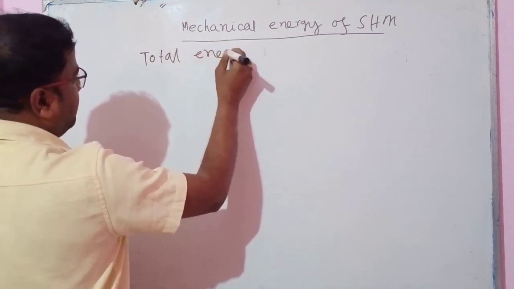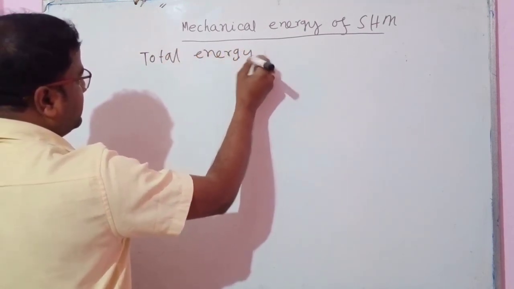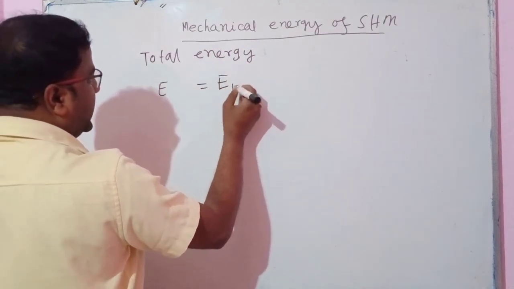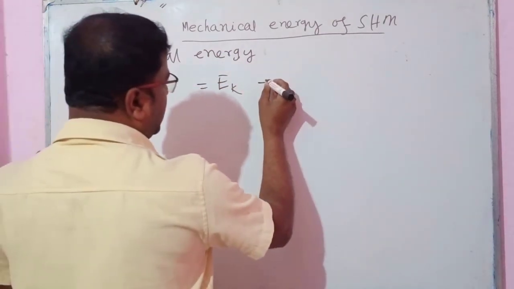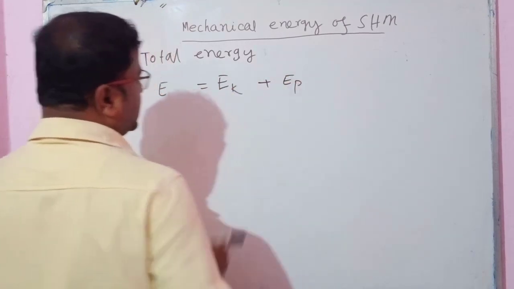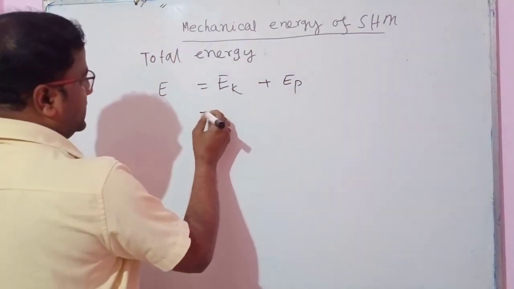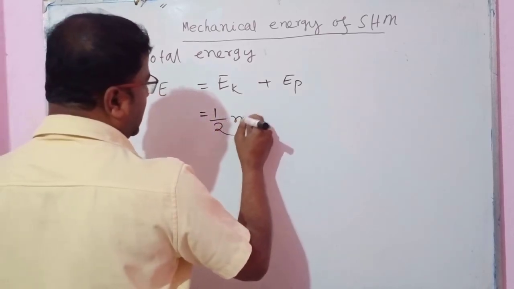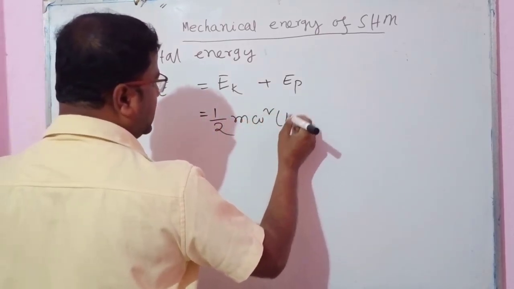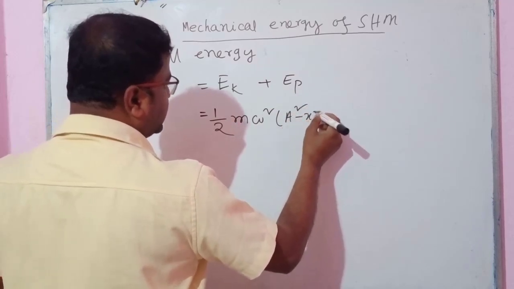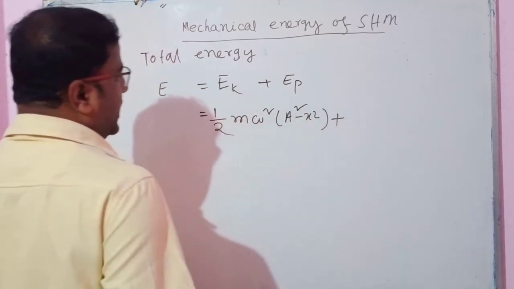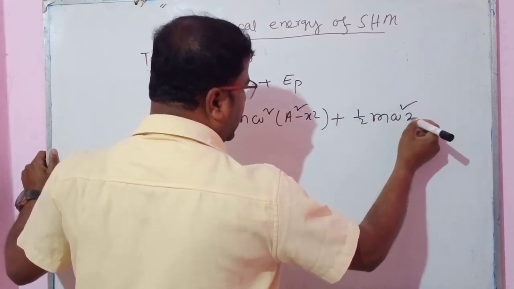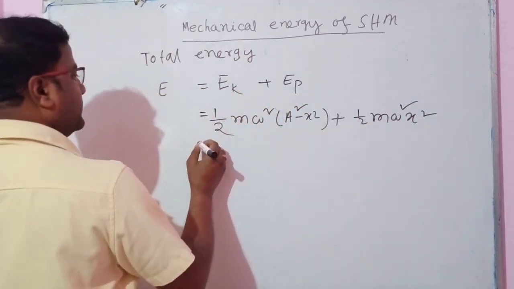Total energy E equal to EK, that is kinetic energy, plus EP, that is potential energy. The kinetic energy is half m omega square into a square minus x square, plus half m omega square x square.